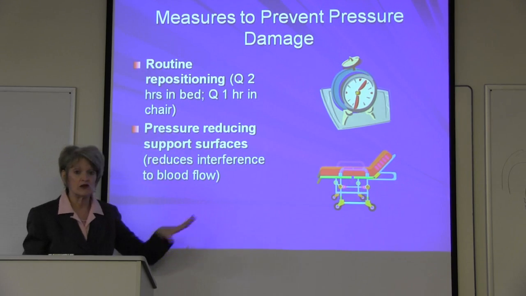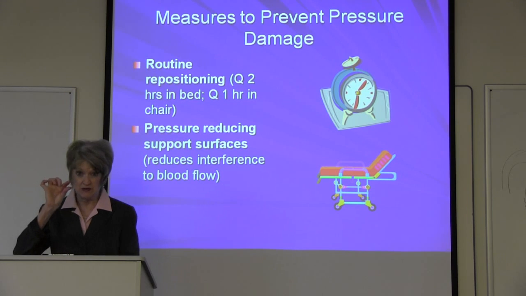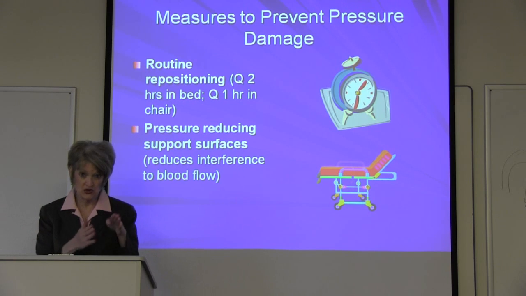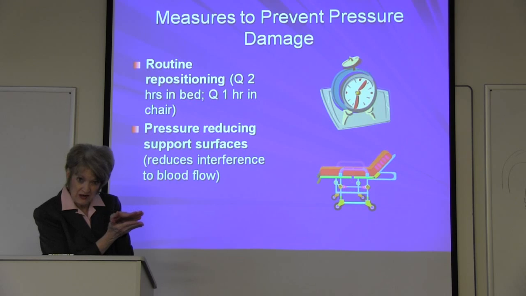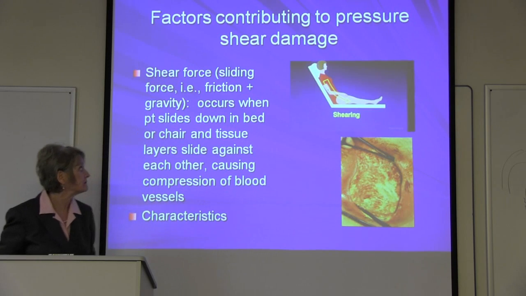And absolutely critical is making sure that you're using appropriate pressure redistribution mattresses, so that you don't get those peak pressures. You get even distribution of the pressure. Any compression is partial, not complete, so that it buys you time and delays the development of tissue ischemia.